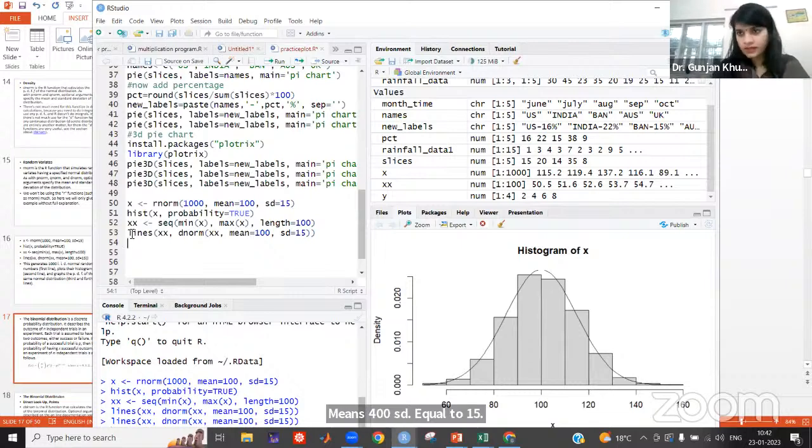Maybe you can do one thing just now. Just open up a new script, copy this code, and run it there. I just want to see whether it gets run or not. Just open a new script. Using the plus sign you can do, or on file.